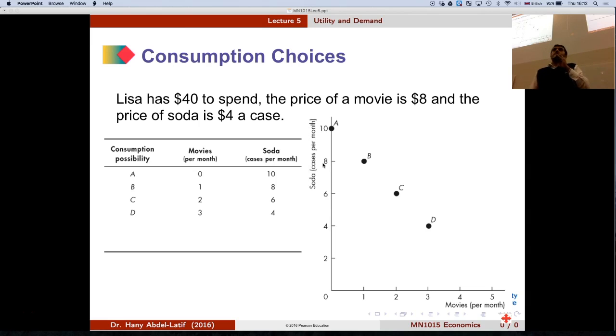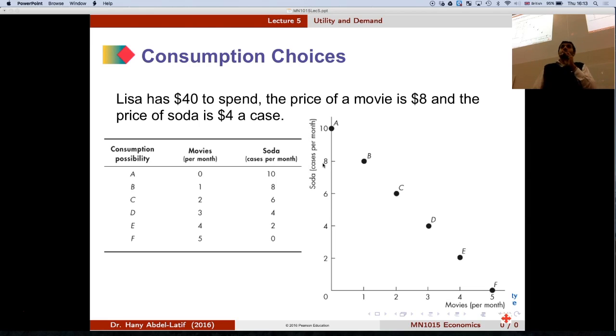Here is another possibility: she could buy 3 movies and 4 sodas, and she will spend all her income. Remember, soda is $4 each and the movies are $8 each. There's point E and point F.